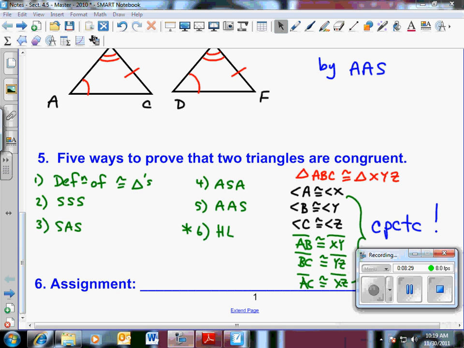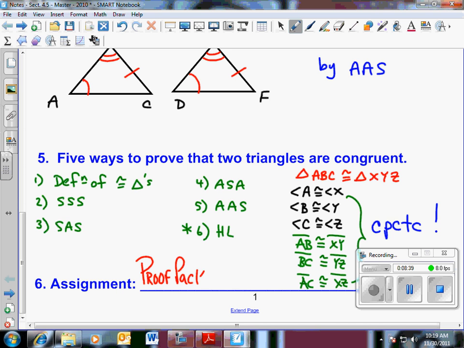All right. So your assignment is going to be a proof packet. Proof packet, and then if you look in your books, let's make sure we're not being redundant here.